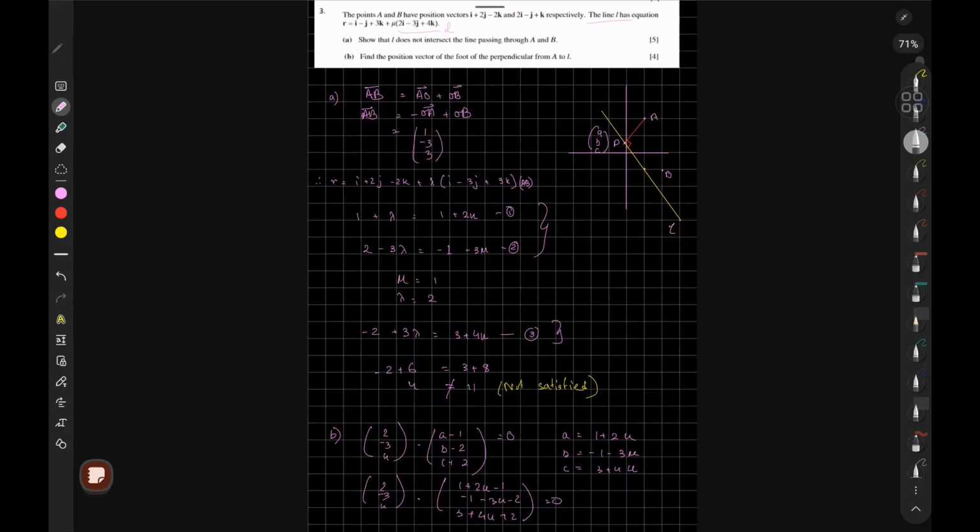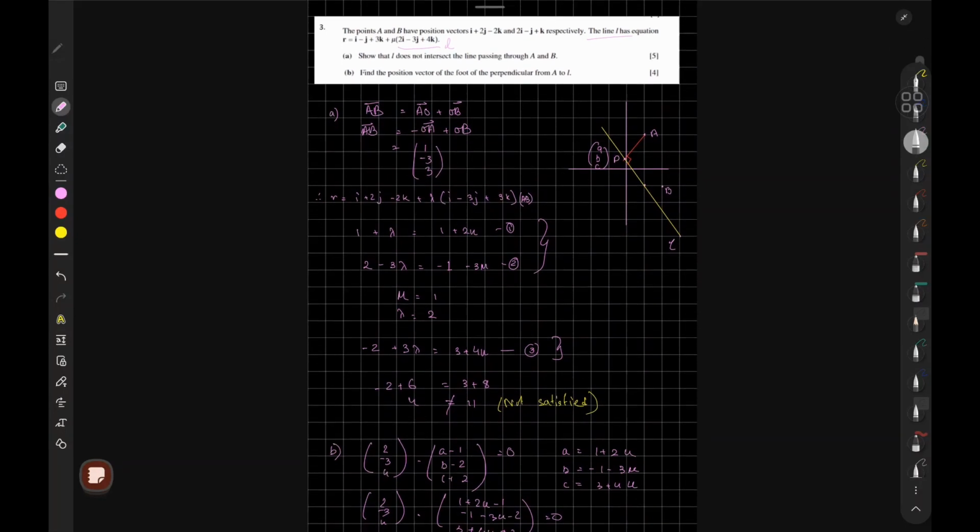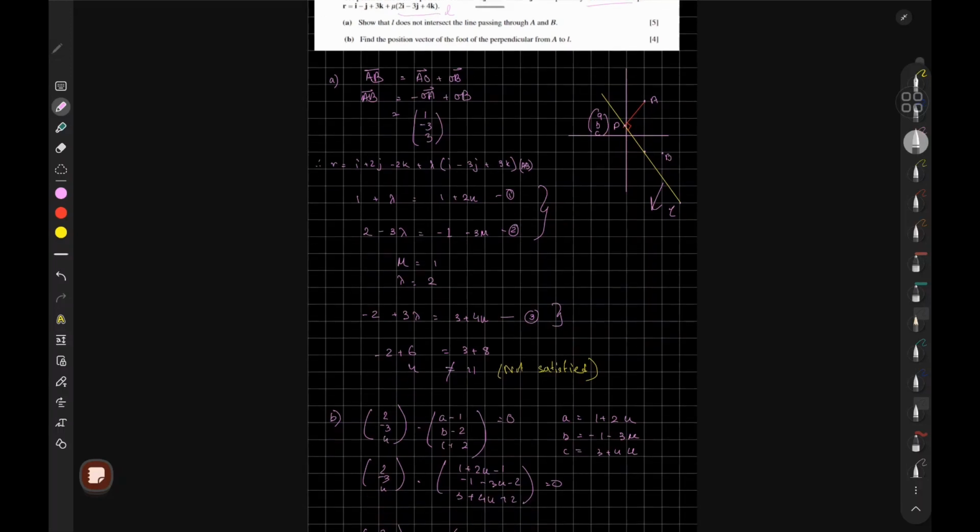So we know one of the vectors, which is 2, minus 3 and 4. The direction of the line is already given to you. In that case, you directly plug in the vector which is known to you, the line.